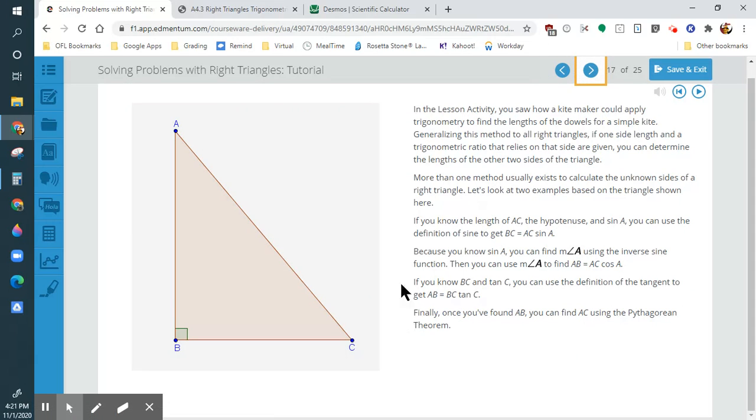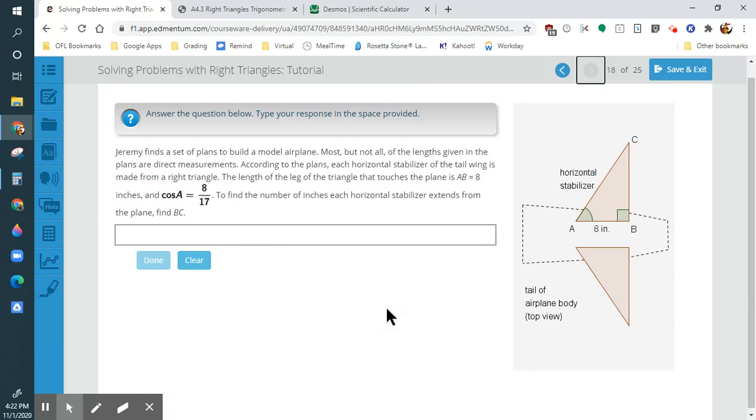This is just saying that there are so many ways for us to solve for angles and sides of a triangle. So let's find BC. Well, we know if this is 8, then this is 17. I'm just going to use the Pythagorean theorem for this one, to be honest. 17 squared minus 8 squared, the square root of that.